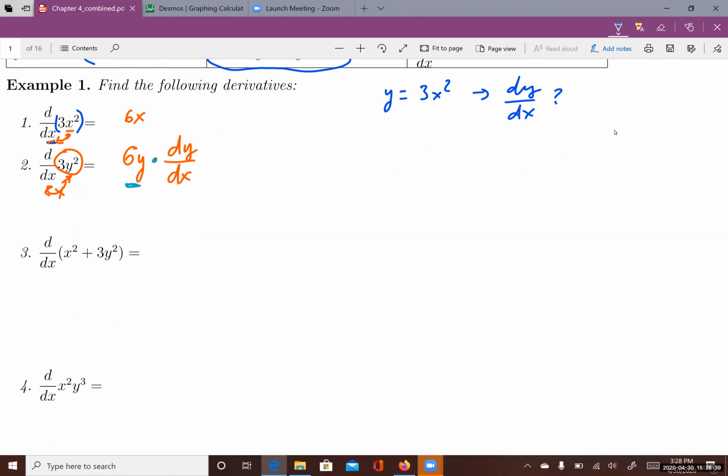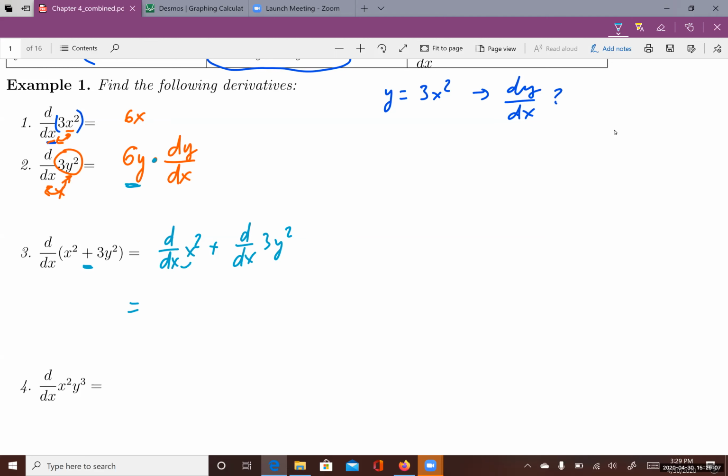Then if we look at the next example here, you want to find d over dx of x squared plus 3y squared, right? Then I can use the sum rule, which is d over dx of x squared plus d over dx of 3y squared.